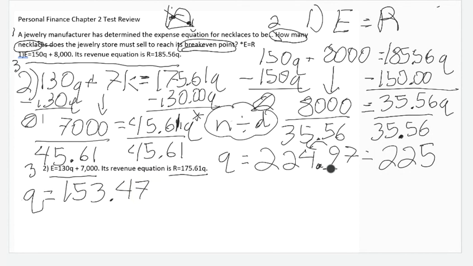But remember, it's items, so 5 and up we round up. So we're going to leave it as 153 necklaces.